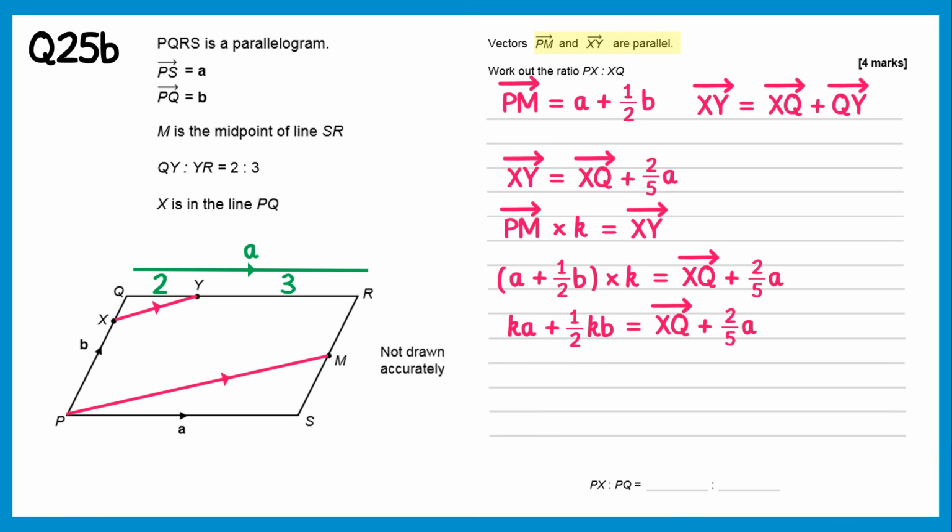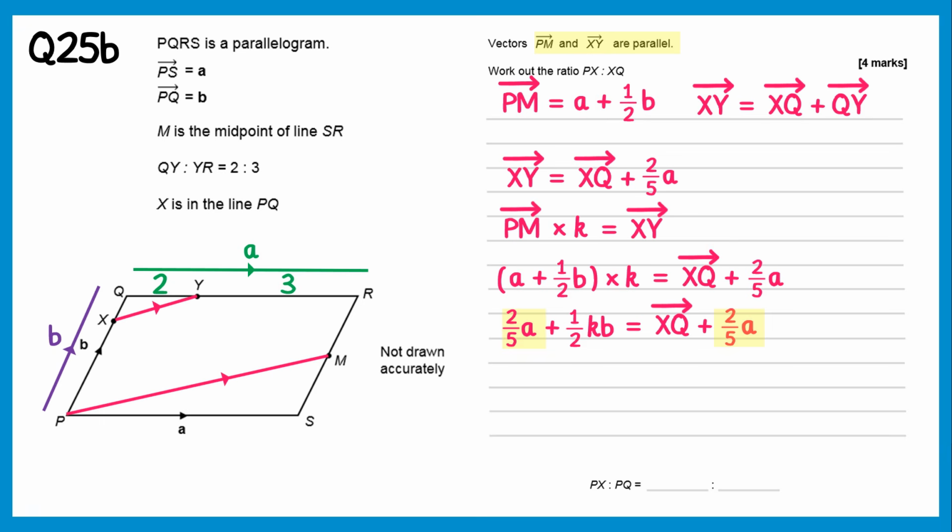We'll leave the right hand side the same. Now if we look at the vector XQ, and then look over at the parallelogram, you'll see that this is parallel to vector B, so it must just be some multiple of B, in which case the only two parts of this equation that have A's are kA and 2/5 A, in which case k must be 2/5.